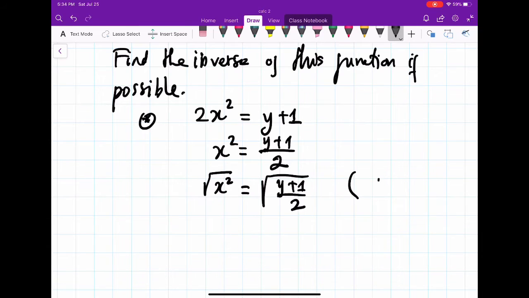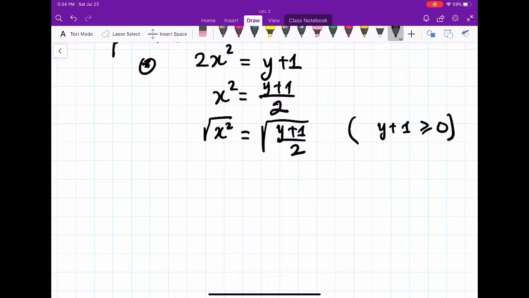In this case, I suppose that y plus 1 is greater than or equal to 0. But the square root of x squared would be the absolute value of x. So that is not only x, that should be the absolute value of x. Don't forget that.